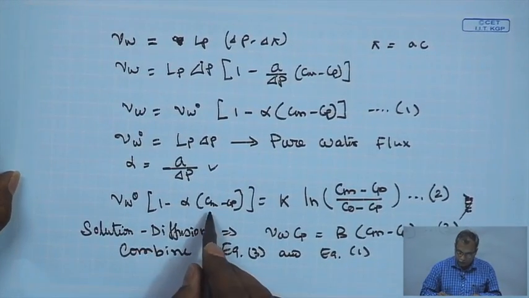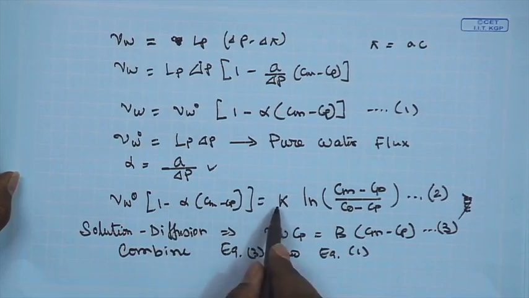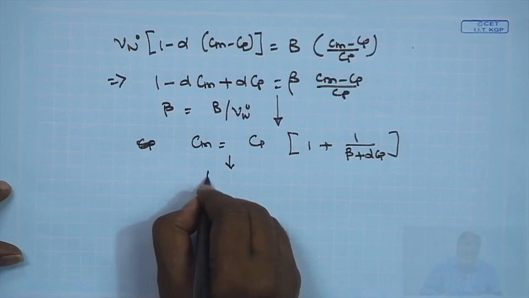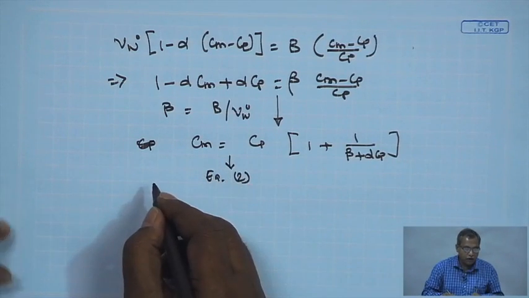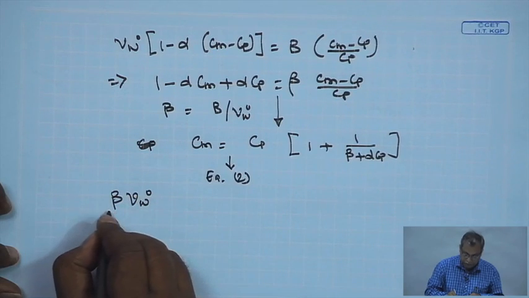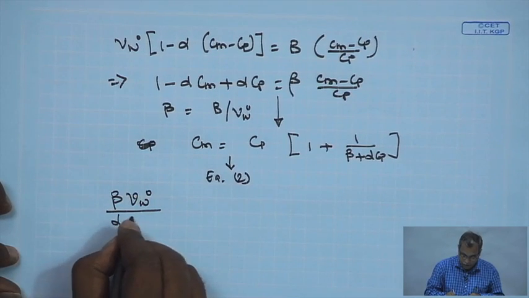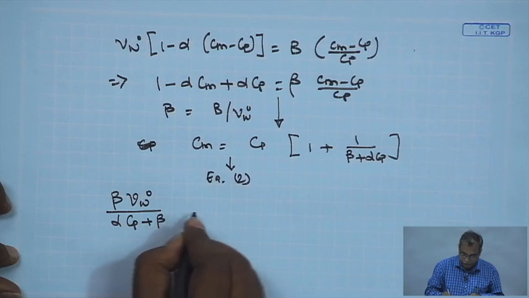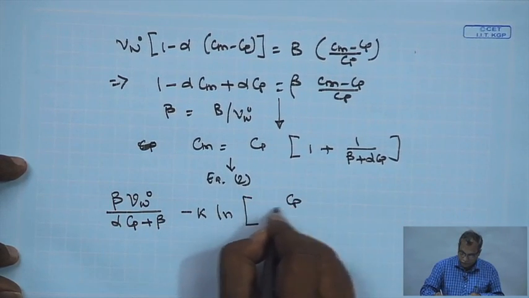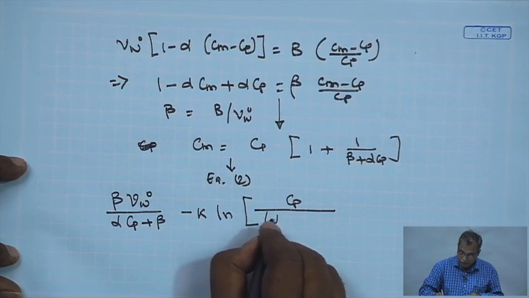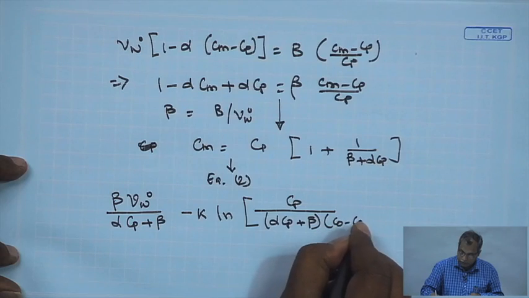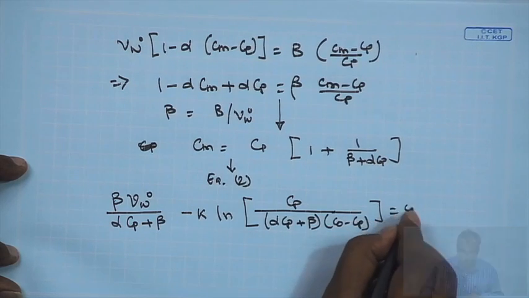If you do that, you will be getting one nonlinear algebraic equation, and the final expression is beta Vw naught (alpha Cp plus beta) minus k ln(Cp divided by (alpha Cp plus beta)) into (C naught minus Cp) is equal to 0.